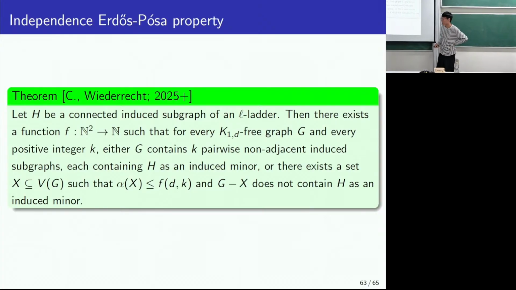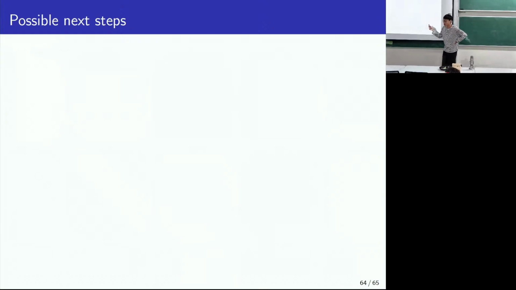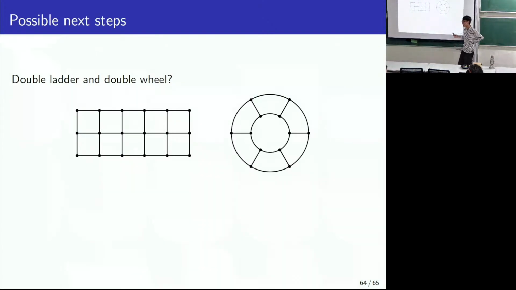So, okay, here are possible next steps toward our induced grid theorem. First one, double ladder and double wheel. Well, we can look at the second floor of our grid-like graph. But there's one problem here.